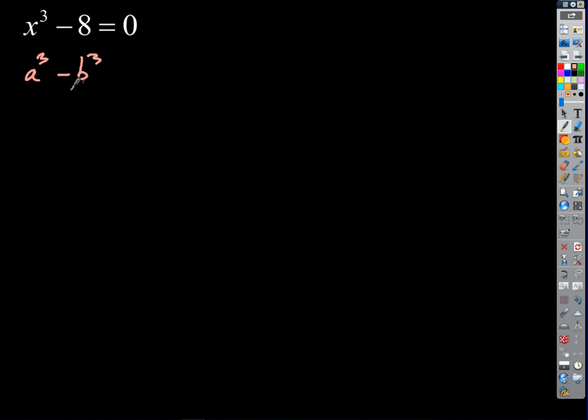So I got an a cubed minus b cubed. What's that equal? So first of all, before we put any of the signs in, what goes there? A. What goes there? A squared. What goes there? AB. Good. What goes there? Minus. What goes there? Well, it always goes there.